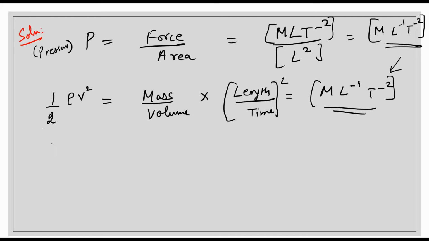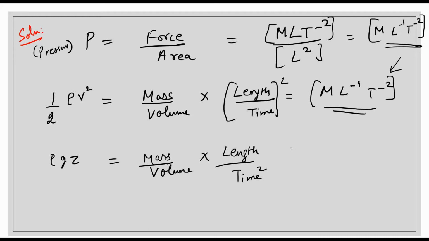Now the third term, that is rho g z. This one is density, again mass upon volume, into g, which is an acceleration, so the dimension will be length upon time square.